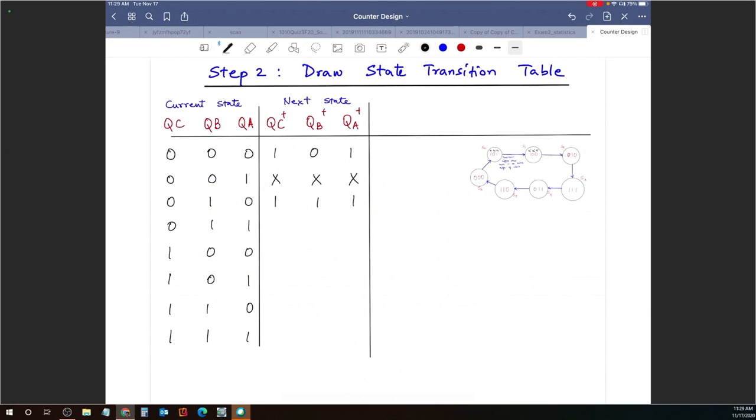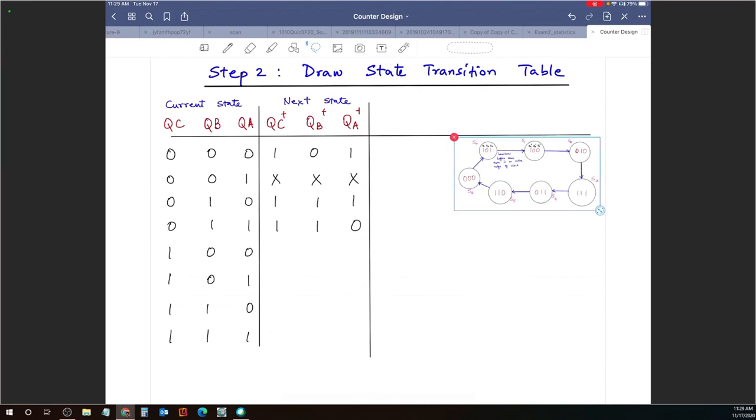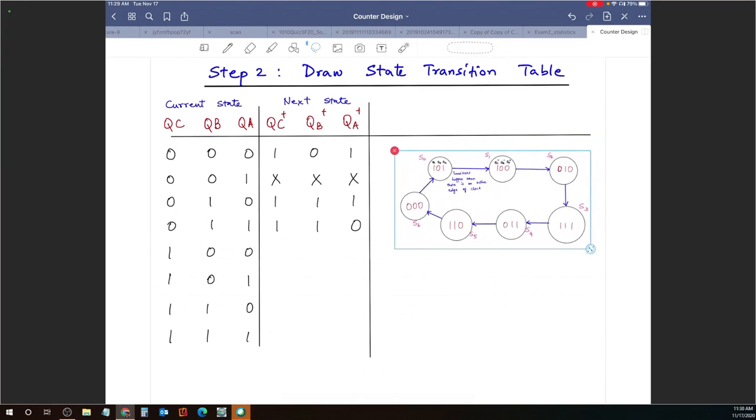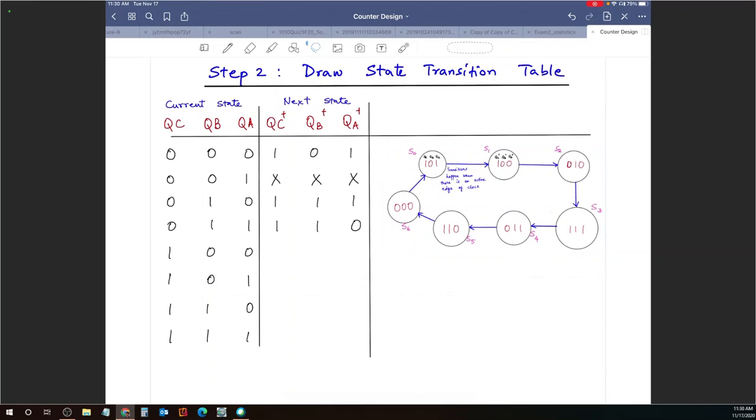All right. So after 2, I got 7. After 3, what do I have? 6. Is this too small? Are you guys able to see this at all? All right.